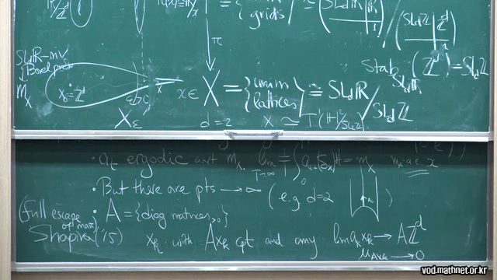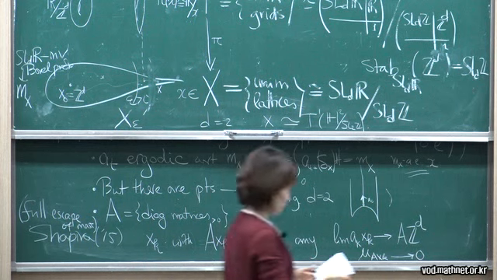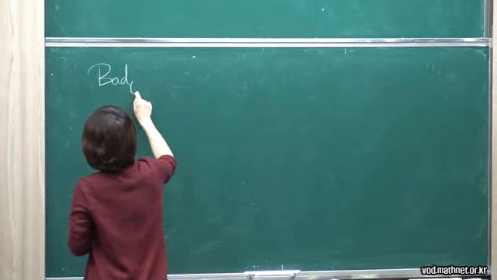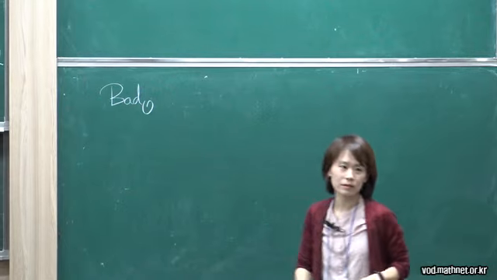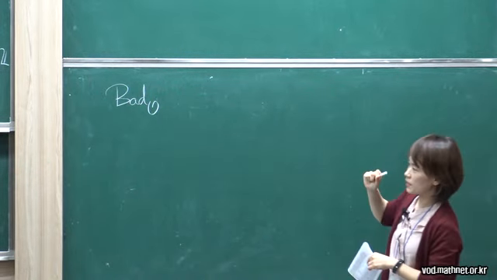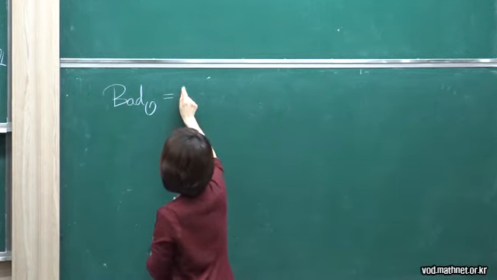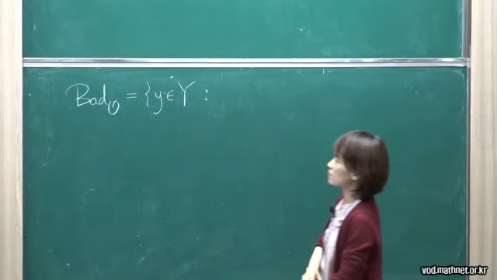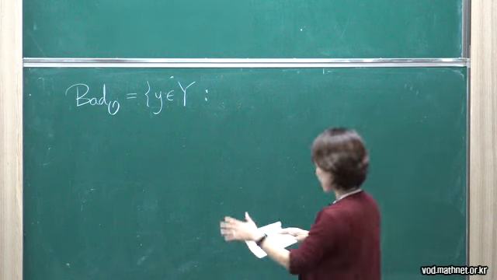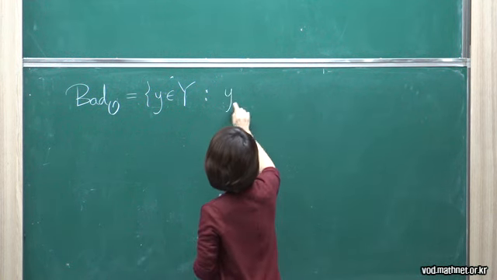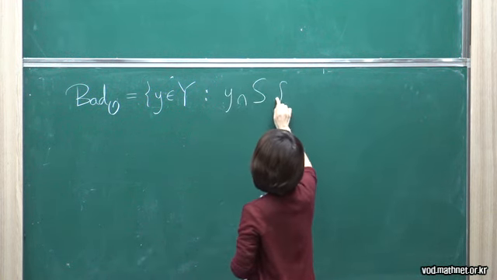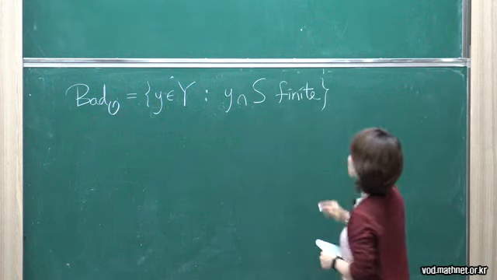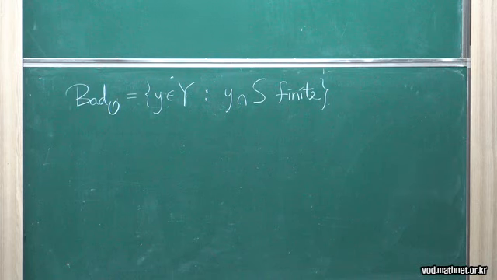We'll call those bad grids. For a given spike defined by O, we look at all the grids, which are elements of Y, all the translates of lattices, such that the intersection with the spike is finite, and we're interested in this set.